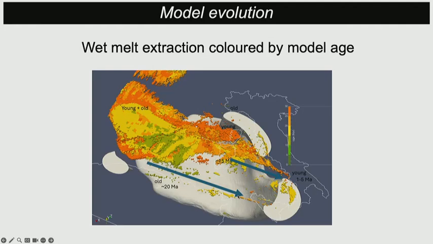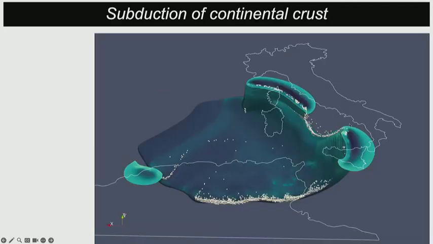The other nice thing is that here, in white, you can see continental crust that has been subducted. Why? Because this margin is basically the passive margin of North Africa that has been a little bit scraped off and eroded and brought down into the deep mantle.